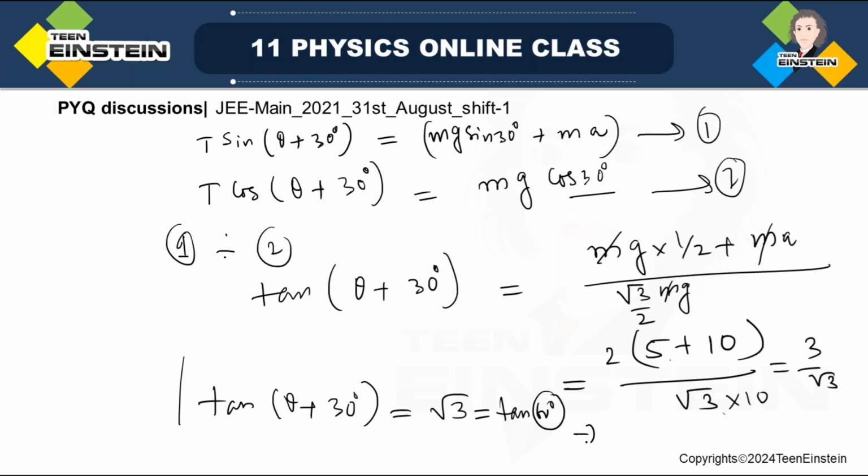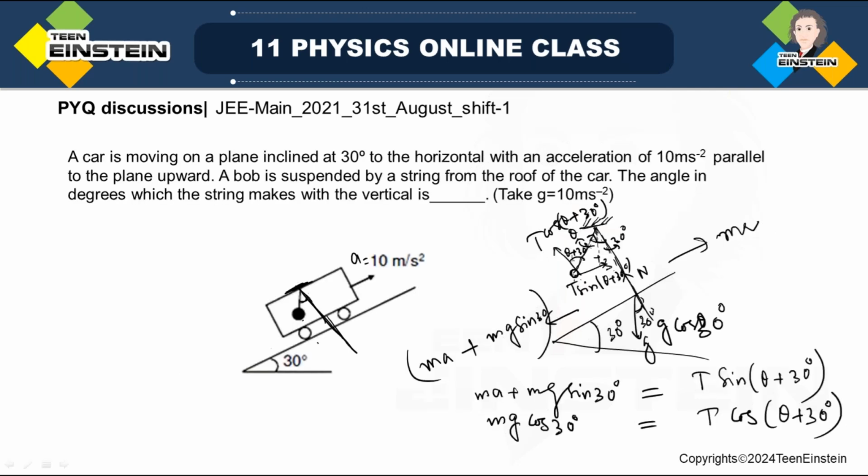So from there we get theta plus 30 degrees equal to 60 degrees, and that gives theta equal to 30 degrees. So this angle will be 30 degrees with the vertical.